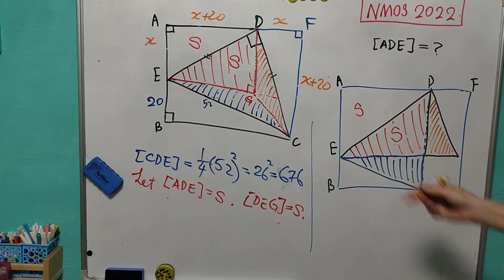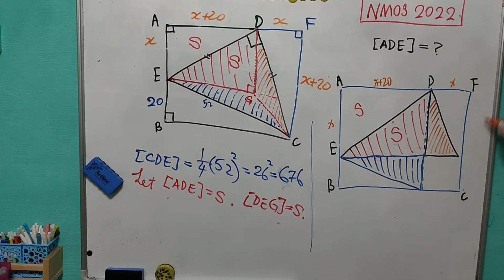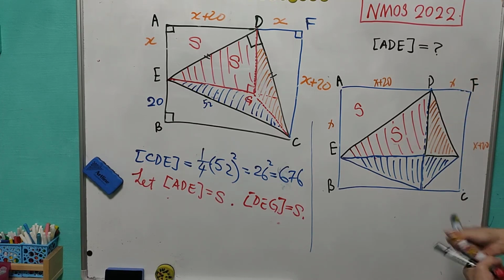We also note that AE equals X, and this is X plus 20, this is X, and CF is X plus 20. Now, if we borrow some portion from the blue and we get it here, together with this orange and a bit of blue triangle, it is actually half of the rectangle CFDD prime.